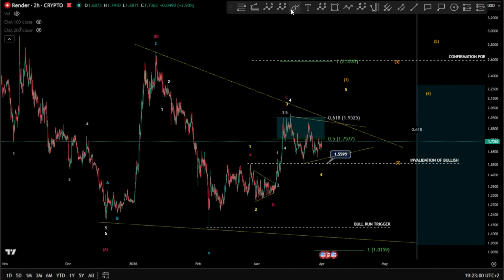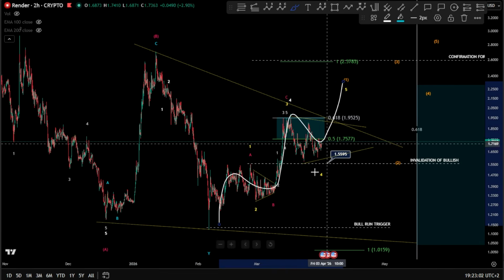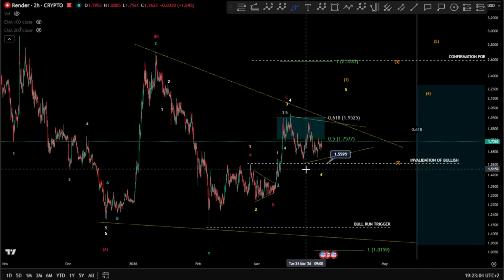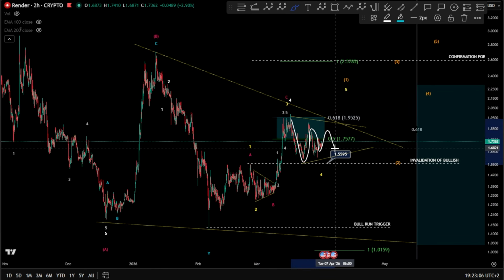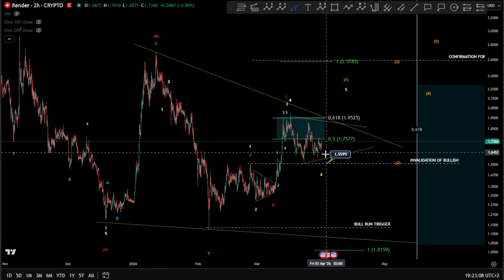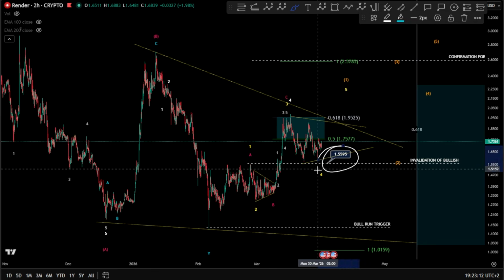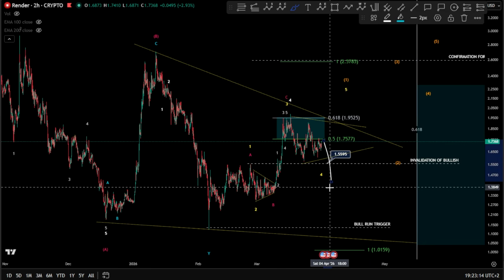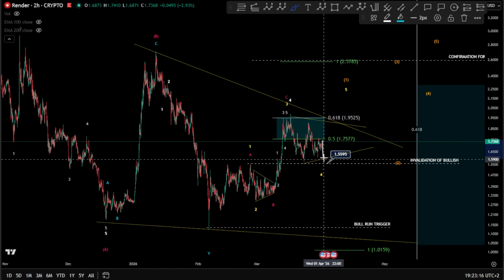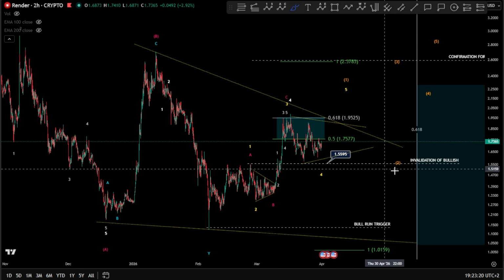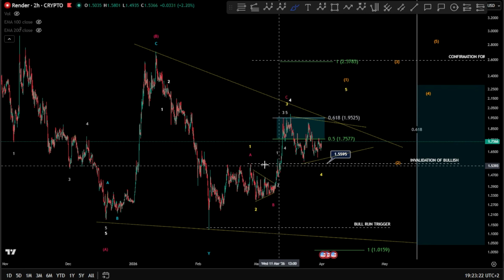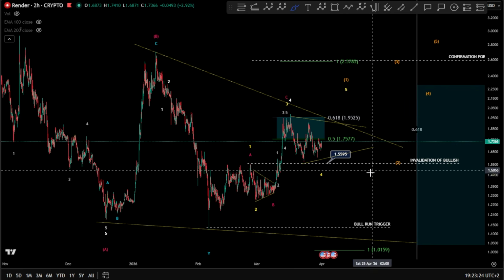And we might see something toward the upside as bullish. So by all means, for Render, it's still ranging here, still showing strength, still looking for higher. In any case, until, of course, the 1.55, in case the price, I don't know, dives deeper on news or something else. Taking the 1.55 then, of course, is an invalidation of a 1, 2, 3, 4, 5.